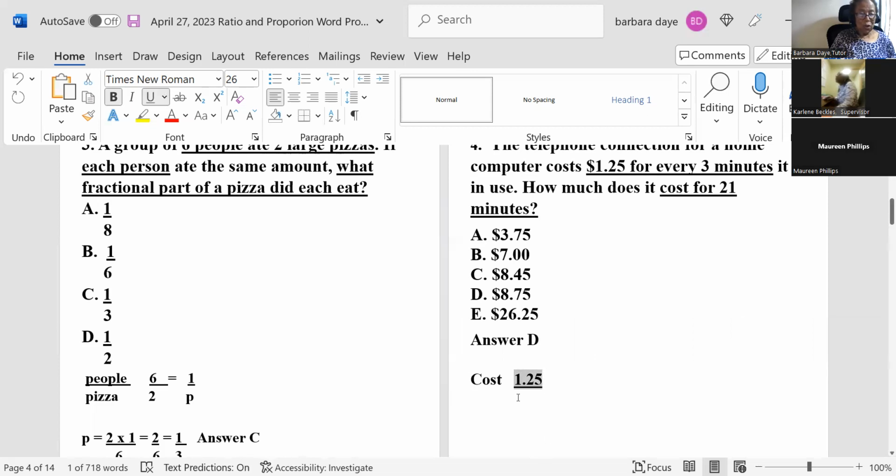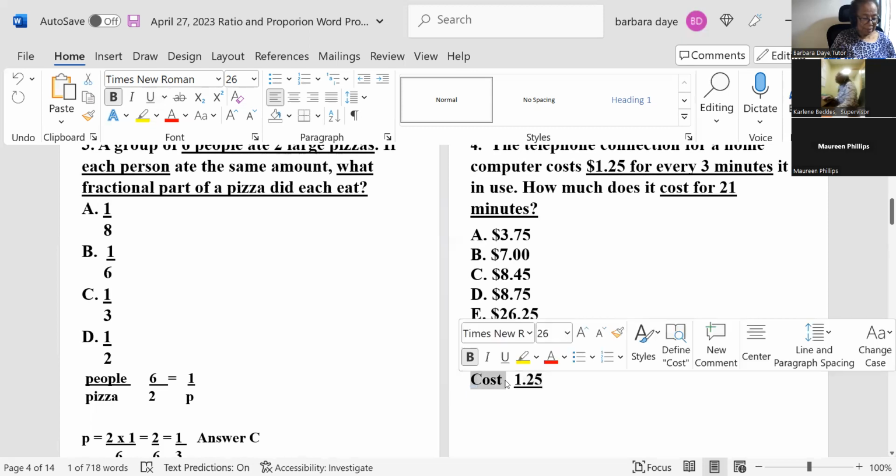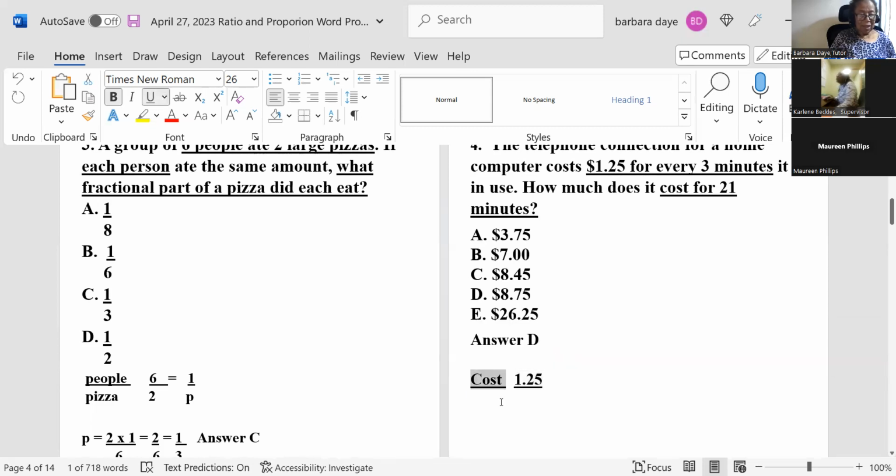And this is cost over minutes. And for $1.25 is 3 minutes, right? So let's just put out 3 here. Okay. And this is equal to, what is this equal to, Maureen?